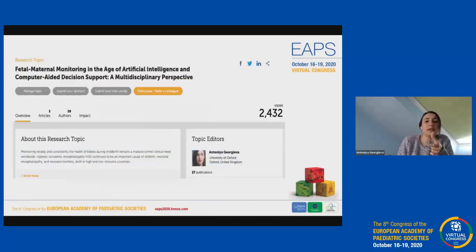And finally, I would invite submissions to our special topic in fetal monitoring in the age of AI and computer-aided decision support, really a multidisciplinary perspective. The first publications are already online, and we are open at least until the end of the year for new submissions. We are looking for really diverse perspectives. So if you have something relevant, we'll be happy to see it.